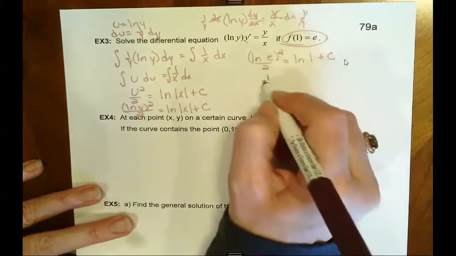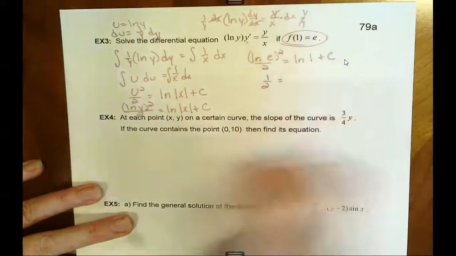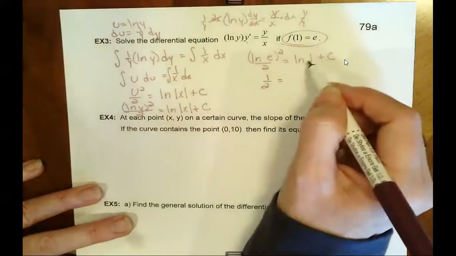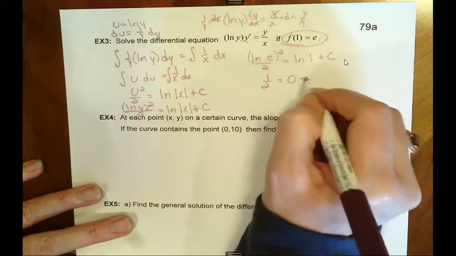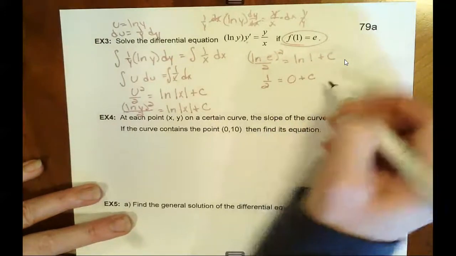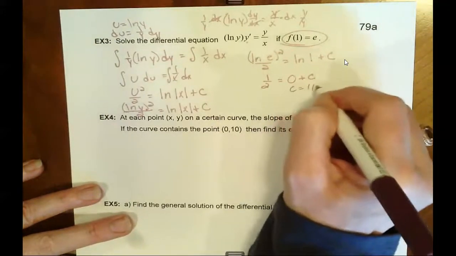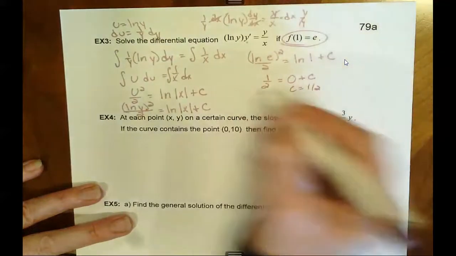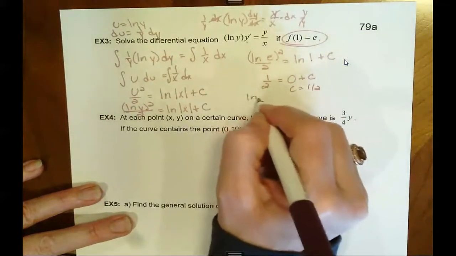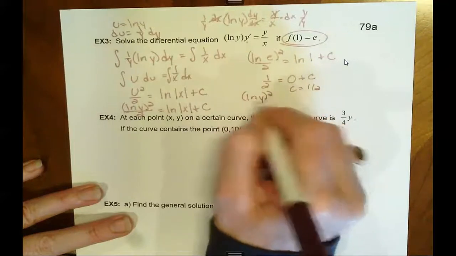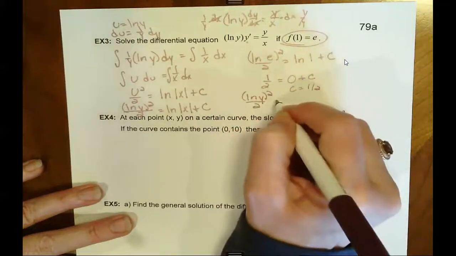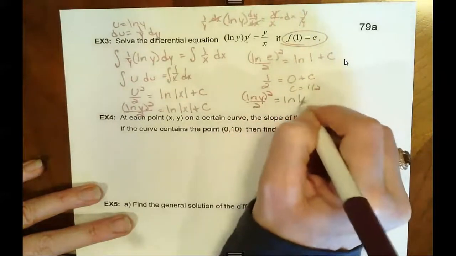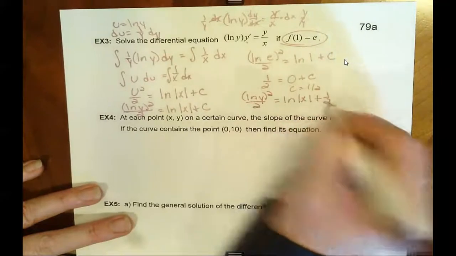So this is just 1 over 2. Ln of 1 is just 0. So that makes c 1/2. So I have ln of y squared over 2 equals ln of x plus 1/2.